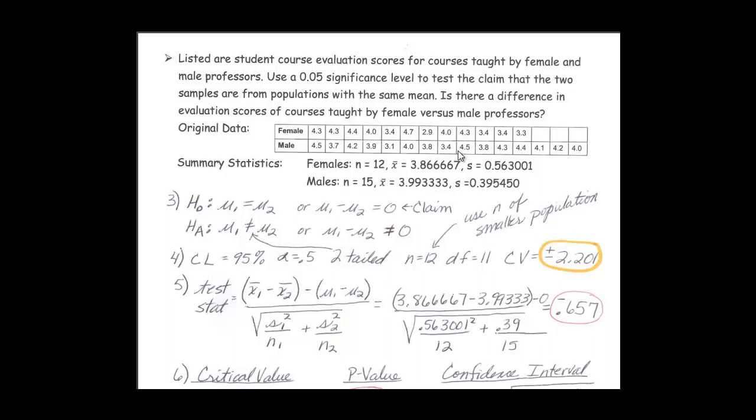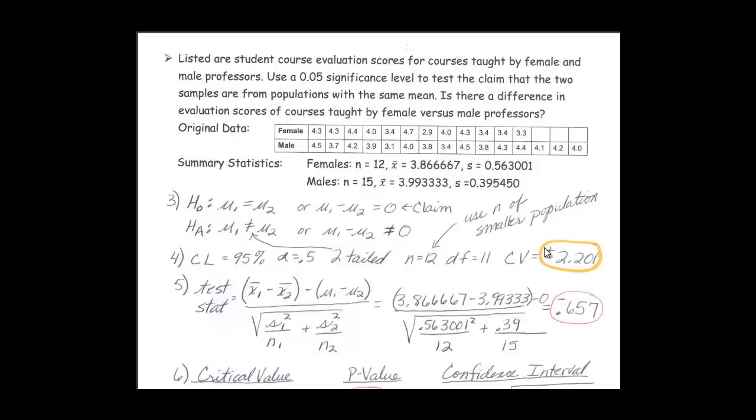So we are going to assume that we don't know that the sigmas are equal to each other. Basically, we have to use the smaller of the two when they are not pulled from the same population. We can't pool them if they're from different populations. So degrees of freedom is 11.